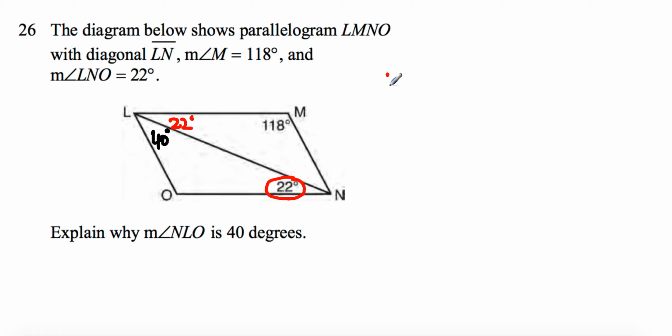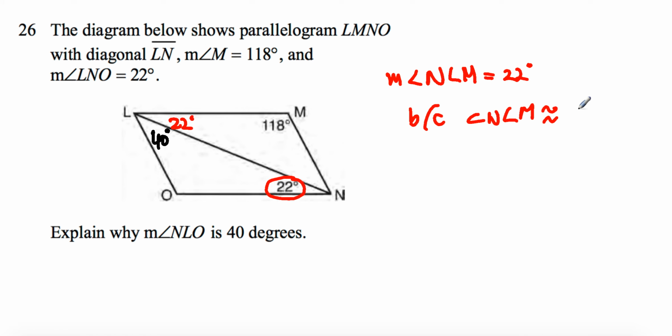Then measure of angle NLM is 22 degrees because angle NLM is congruent to angle LNO by alternate interior angles.